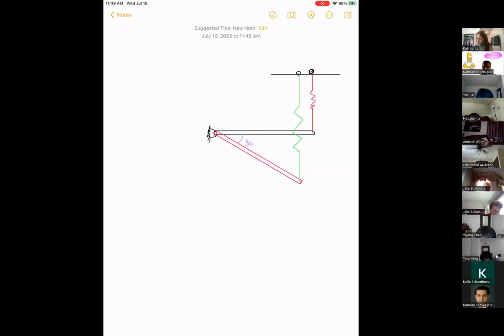Let me put all the values. Let's say L is 6 feet. Theta is 30 that I wrote there. Omega 1 is 2 radian per second.